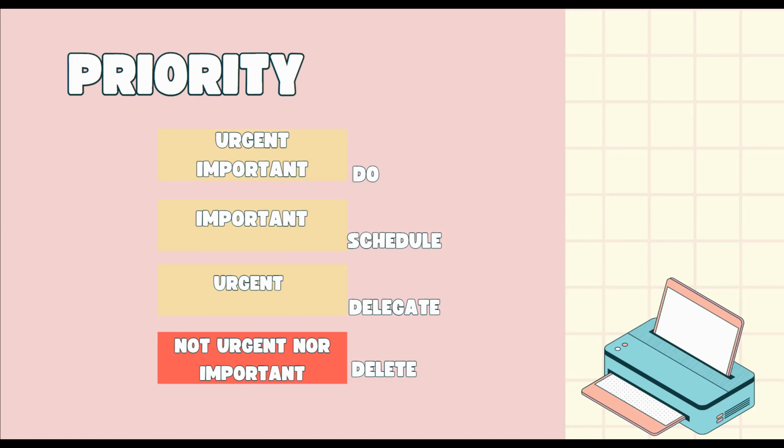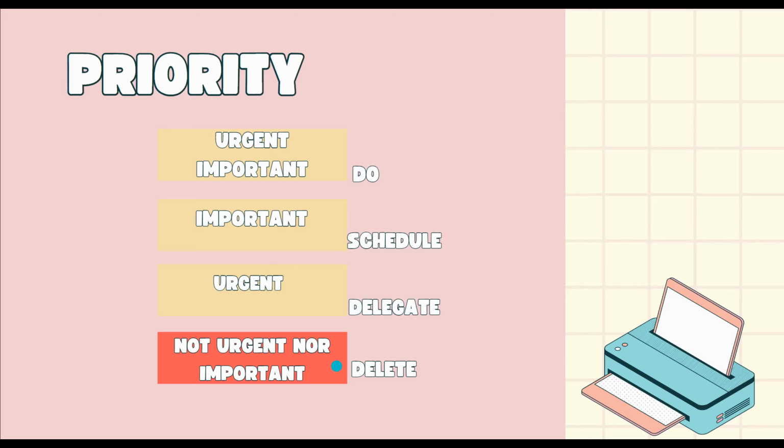But if you are a student and you have to do things on your own, or if you are a worker and you have to do things on your own, you don't delegate. This goes up to the urgent list as well, and you try to see what's urgent and important, and then only what's urgent. And eventually, if it's not urgent and not important, you delete it. So usually here are all the distractions, everything you don't need.